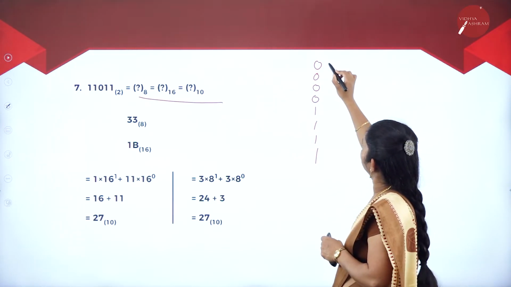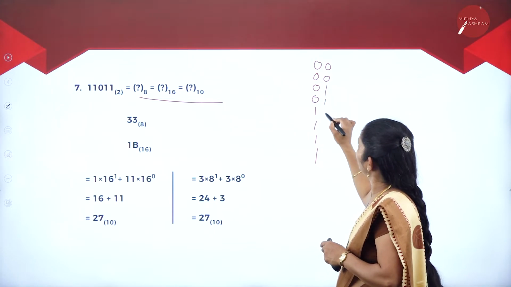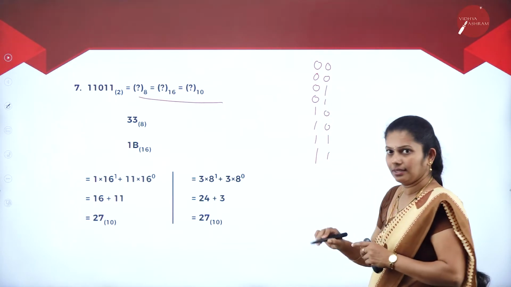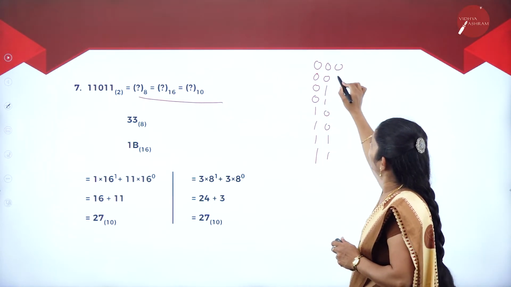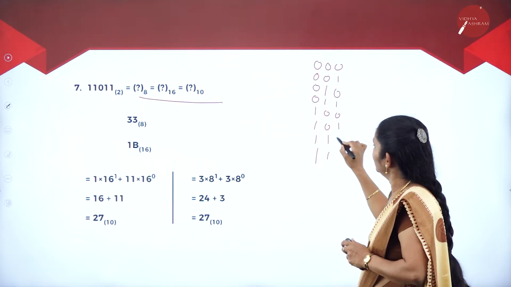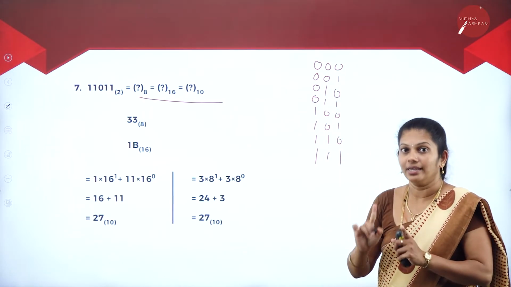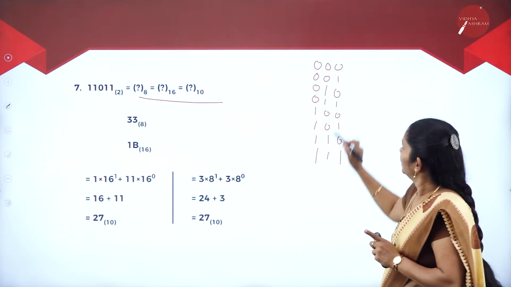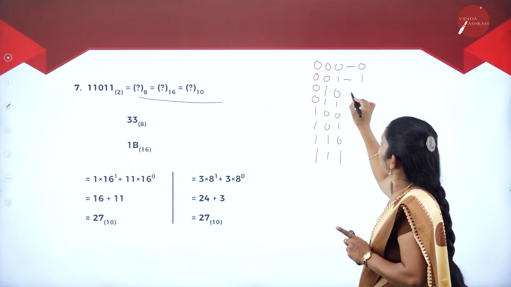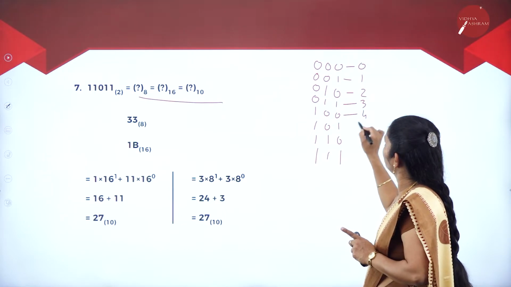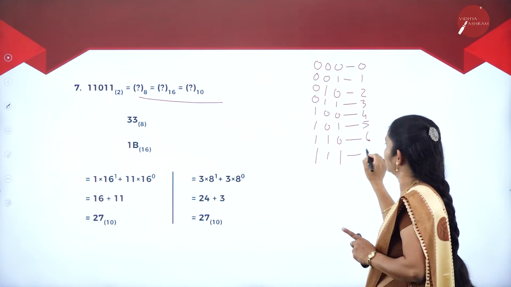Of that, 2 times 0, 2 times 1, 2 times 0, 2 times 1. Then the next alternating row: 0, 1, 0, 1, 0, 1, 0, 1. If it is an octal number, then here 0, 1, 2, 3, 4, 5, 6, 7.